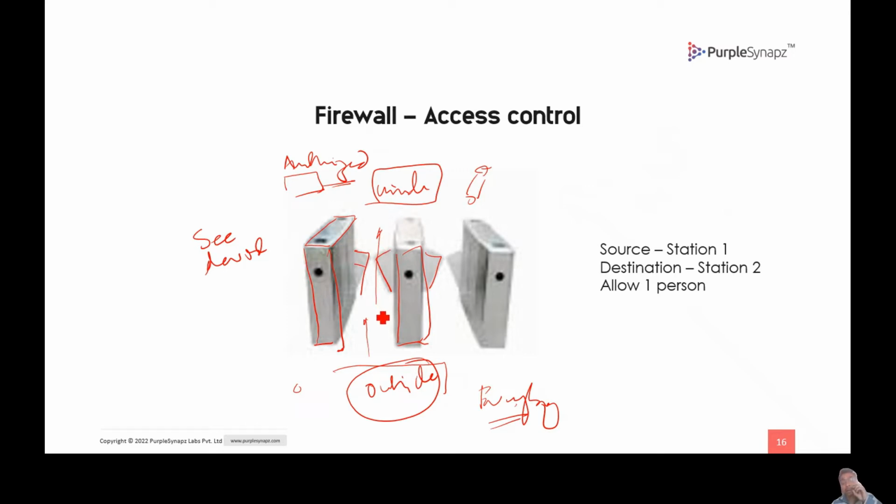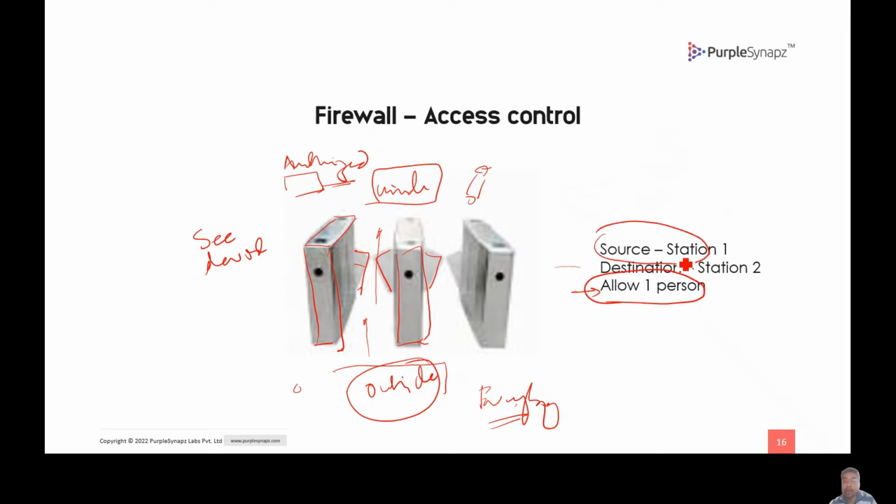Your source and destination. We talked about source and destination in our last episode in networking. Okay, so this device will check for your source and destination. Which station to which station are we going? Are you authorized for that? If you're authorized, then this gate will open and it will only allow one person, right? So this is you who is allowed.